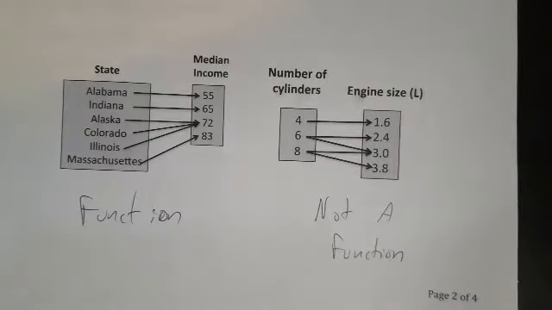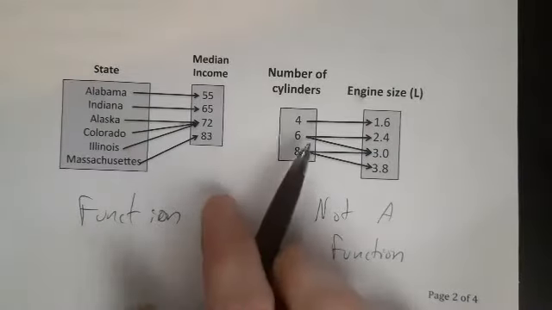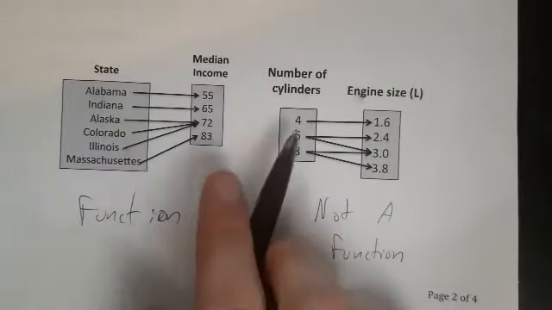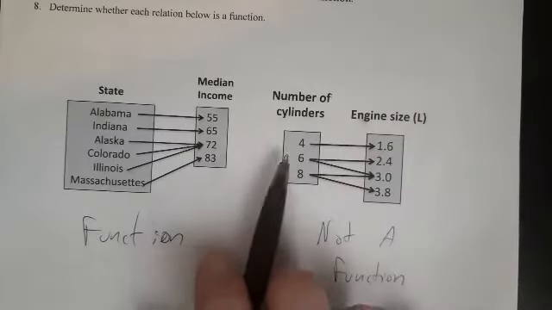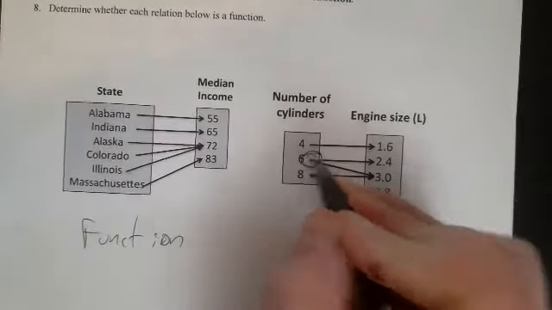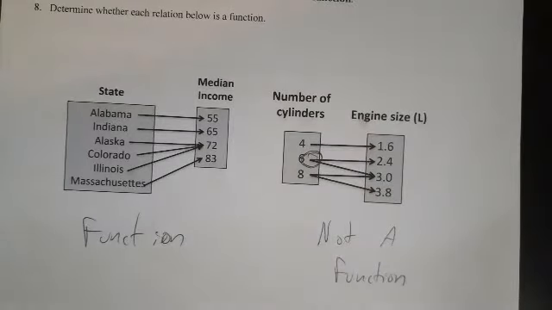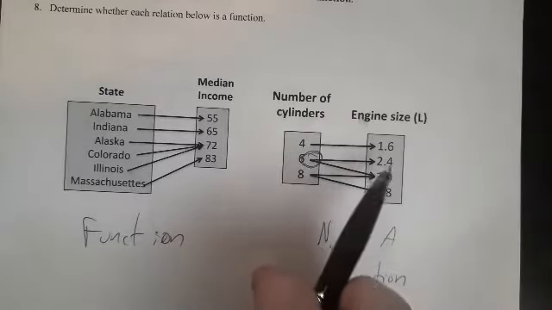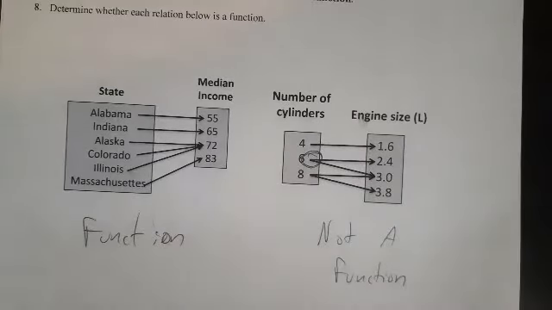And let's talk a little bit about why. Because we have this input. So 4 is going to give me 1.6. 4 here is okay. It's really this thing right here, right? We have 6 and we have 6. And if we look at it here, we have 2 arrows, meaning that 6 can either go to 2.4 or 6 can go to 3.